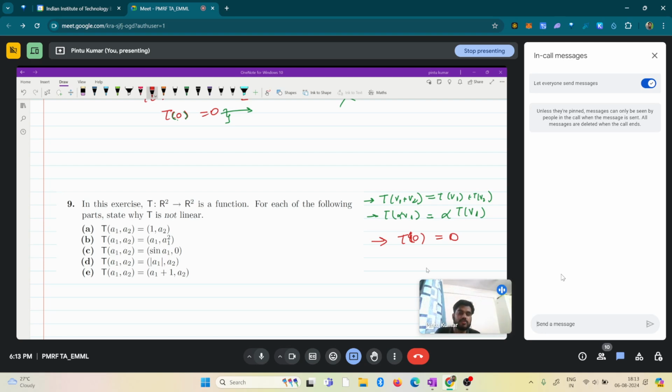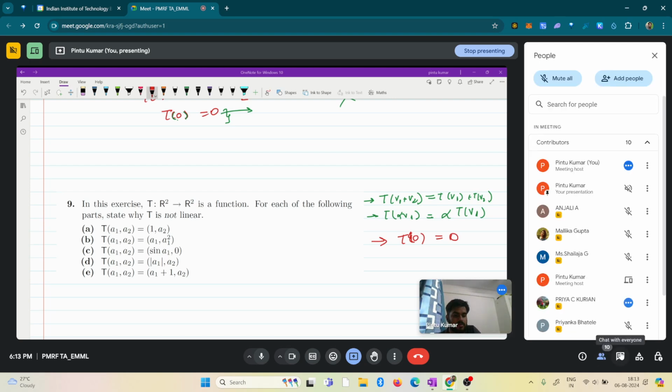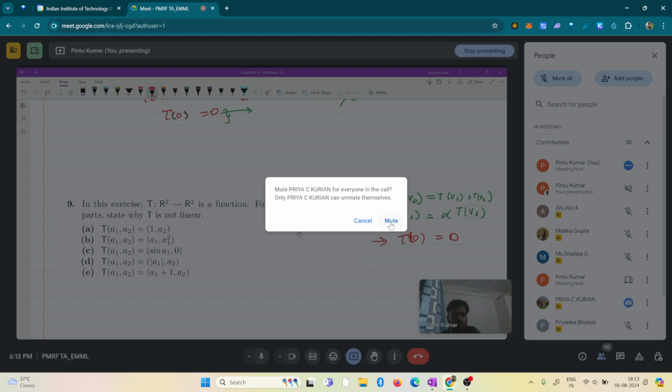Let's hear about A first. What do you think, whether the A part is a linear transformation or not? You can type it in the chat box.